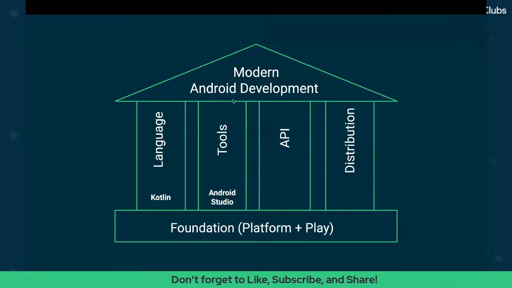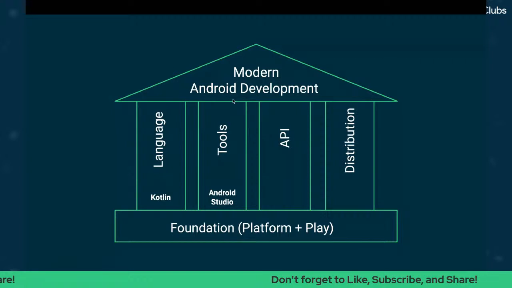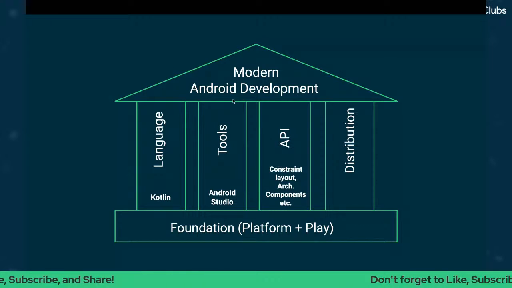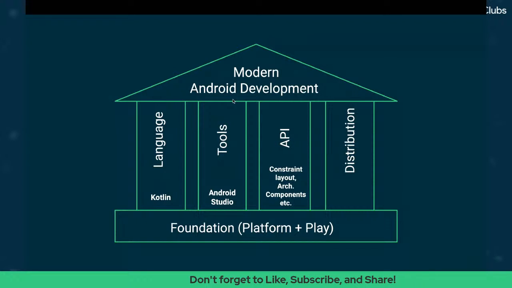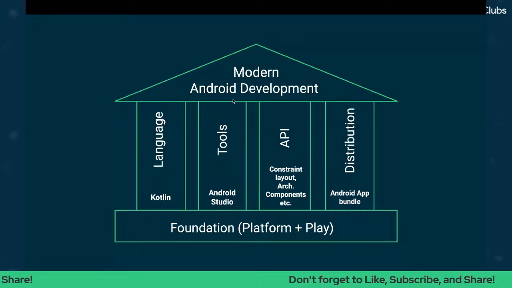Tools, we have the ultimate tool for Android development, Android Studio, rapidly evolving, with a lot of new API support and a bunch of other things. On the API front, we have ConstraintLayout, Architecture Components, and other APIs which will make your life easier. And distribution, lastly, we have Android App Bundle, which is a new format which will reduce your app size.